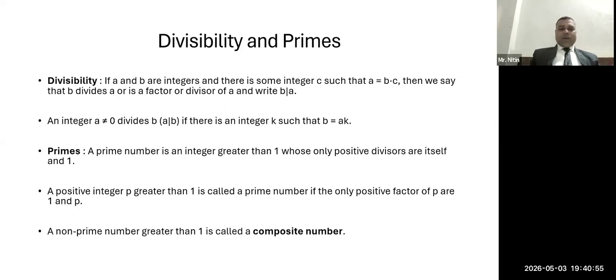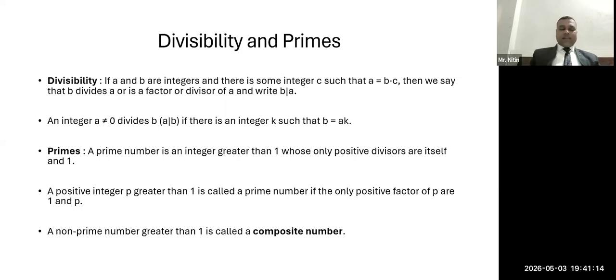In other words, a non-prime number greater than 1 is called a composite number. So the numbers other than prime numbers are the composite numbers.